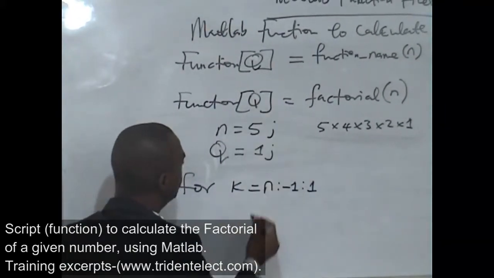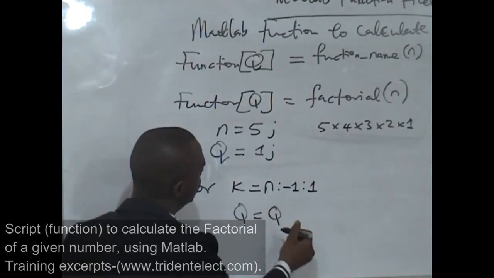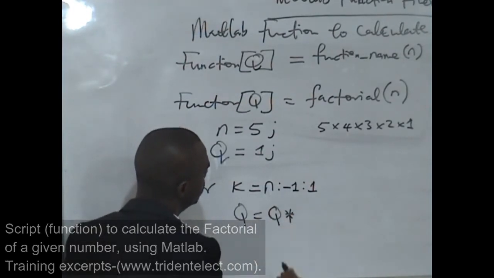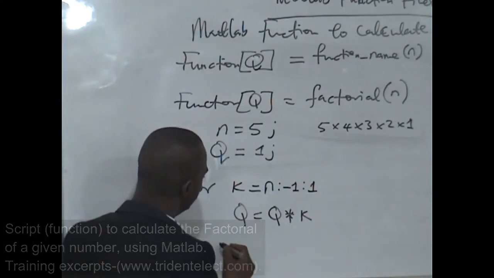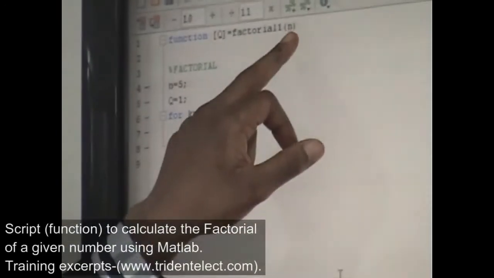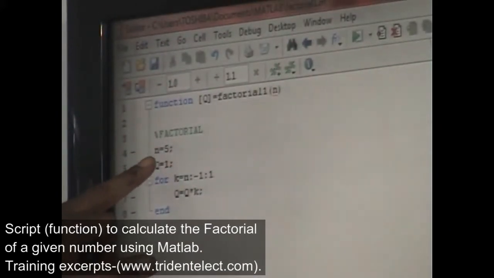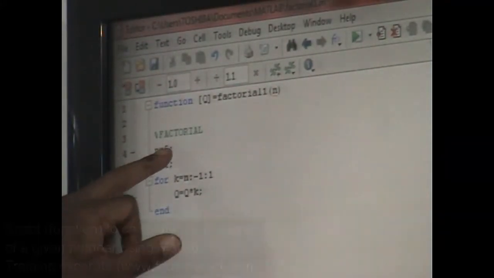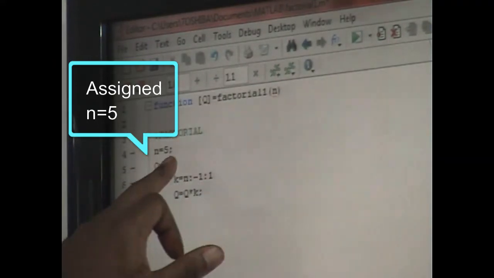I'm going to say q is equal to q times k, end, and the argument n, that's the input. Now I've labeled n equal to 5. I've initialized my function output, which is q.